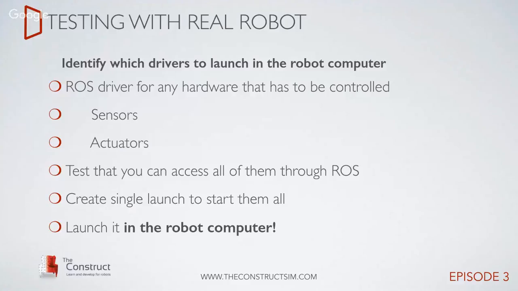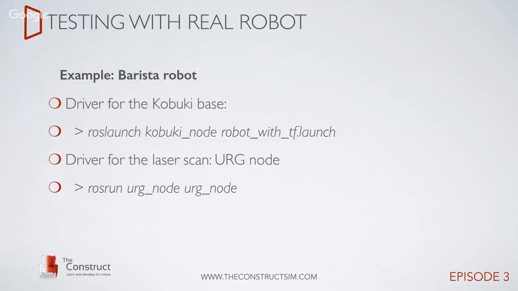When you are testing and rebooting, you will have to reboot the computer of the robot many times. So you don't want to waste a lot of time launching all the launch files of the sensors and all the launch files of the actuators, once you know that it is working. So create a single launch file. And then you have to launch everything on the robot computer, of course, because the robot computer is the one that is connected to the sensors and actuators of the robot.